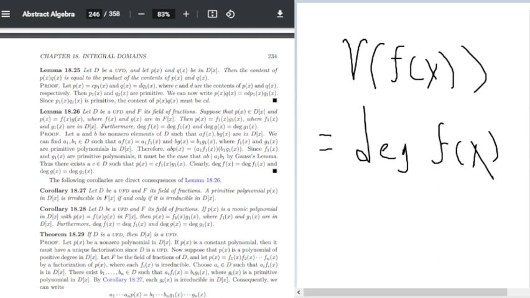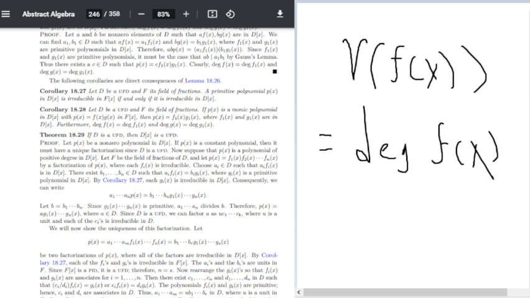Alright, the following corollaries are just direct consequences of Lemma 18.26. Corollary 18.27. Let D be a UFD and F its field of fractions. A primitive polynomial p(x) in D[x] is irreducible in F[x] if and only if it is irreducible in D[x]. Corollary 18.28.